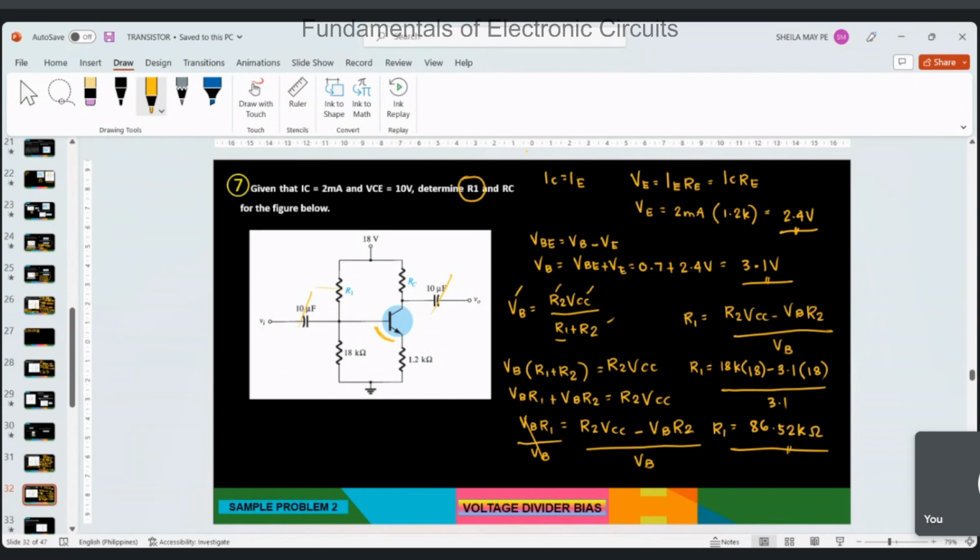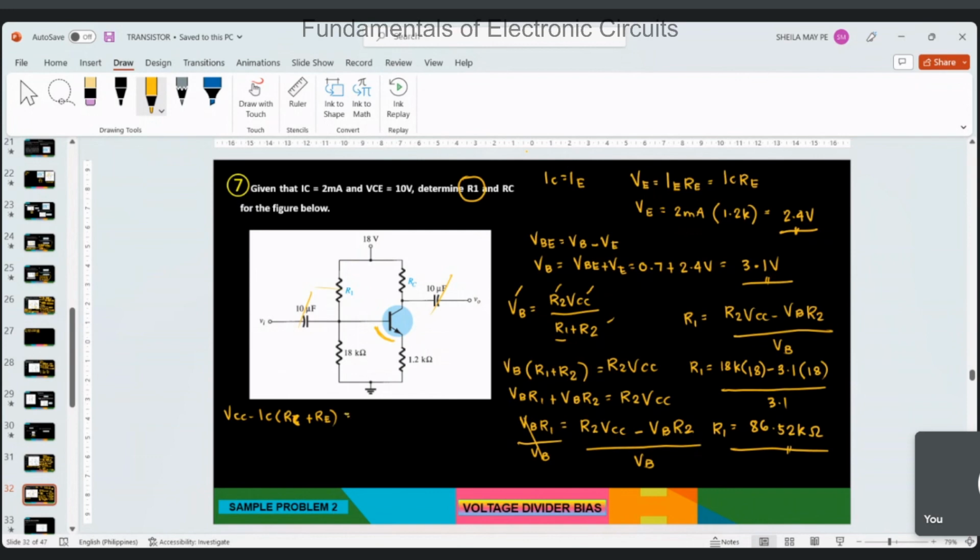We can only find RC by looping. IC RC plus RE. Let me try that.